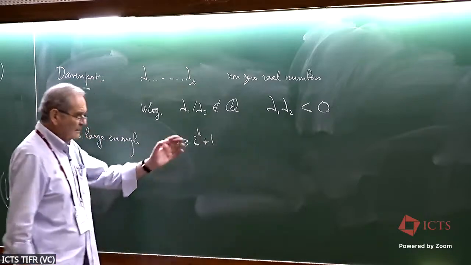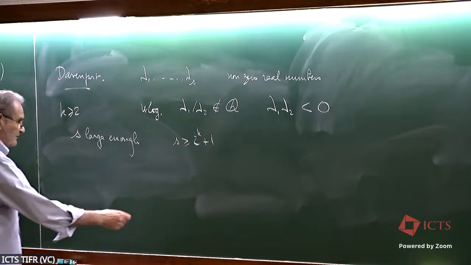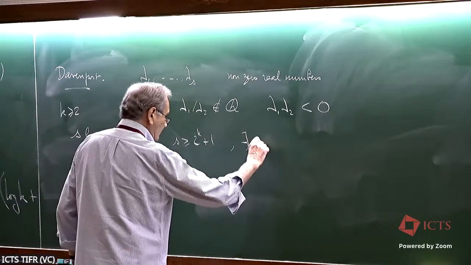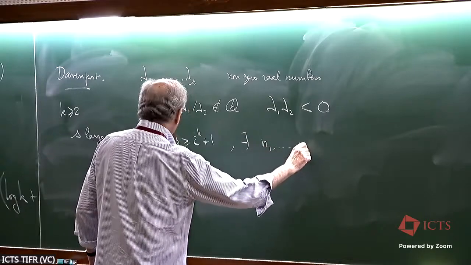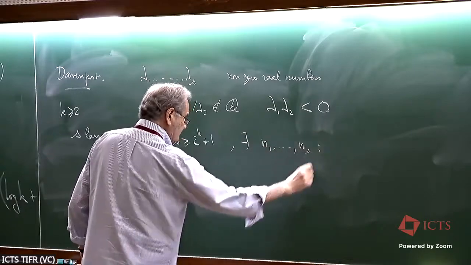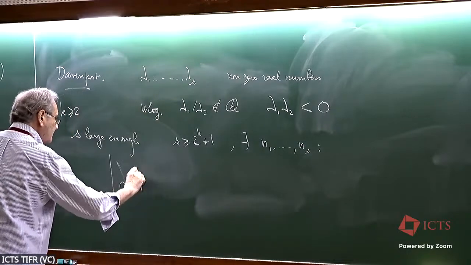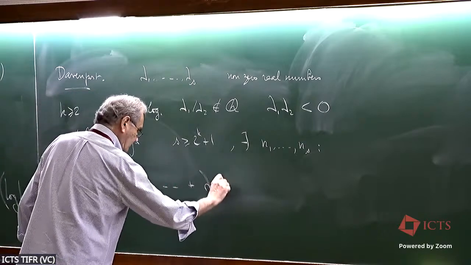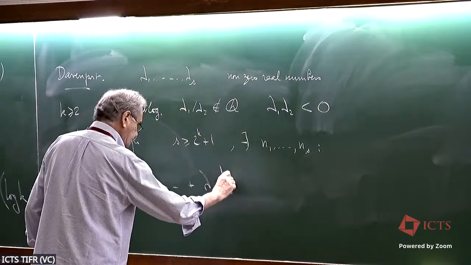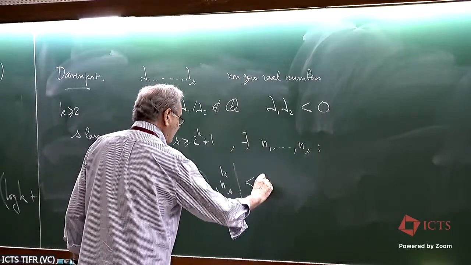But of course, now we go down to something which is K log K. So there exist integers n1, ..., ns, such that lambda 1 n1^k plus ... plus lambda s ns^k is less than eta.